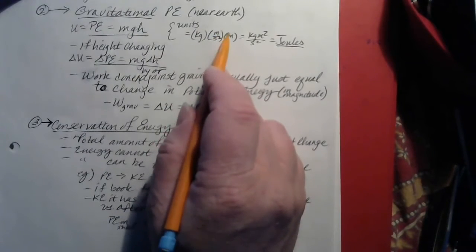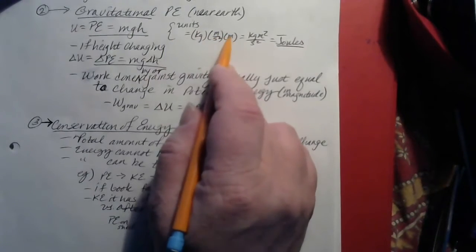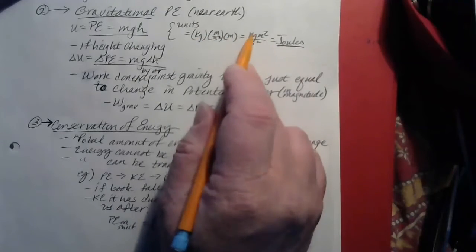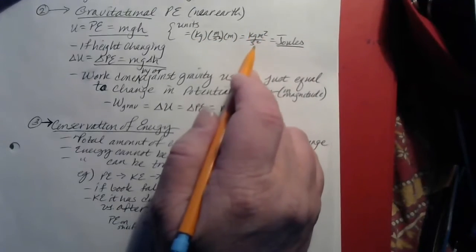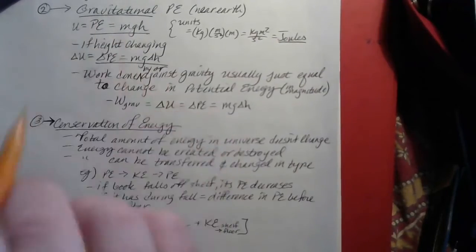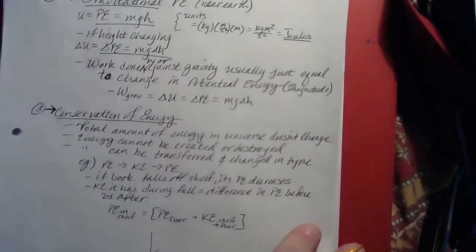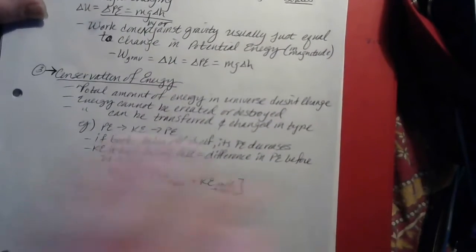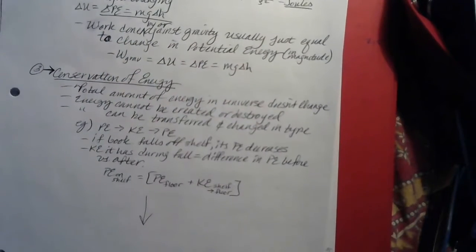And SI unit for height would be meters. So when you put those together, you get kilograms meters squared per second squared, and that's a joule. So potential energy can be measured in joules also, just like kinetic energy. And again, if the height is changing, the change in potential energy is just mass times gravity times the change in height. Okay, so same thing again.